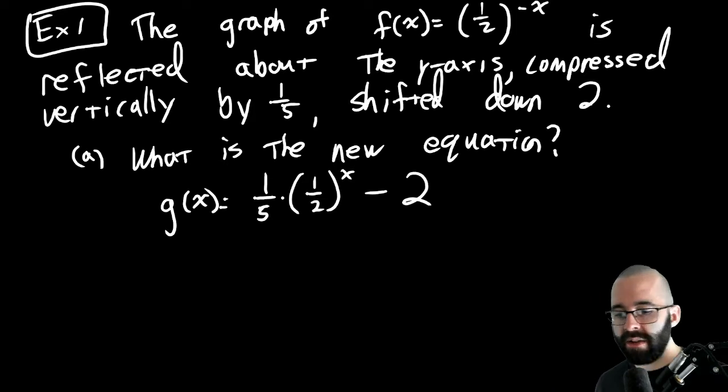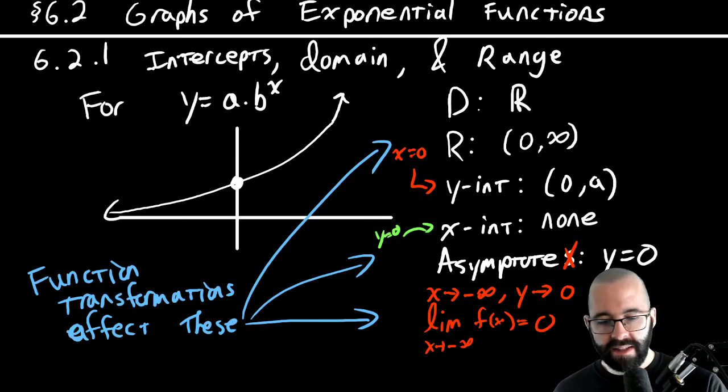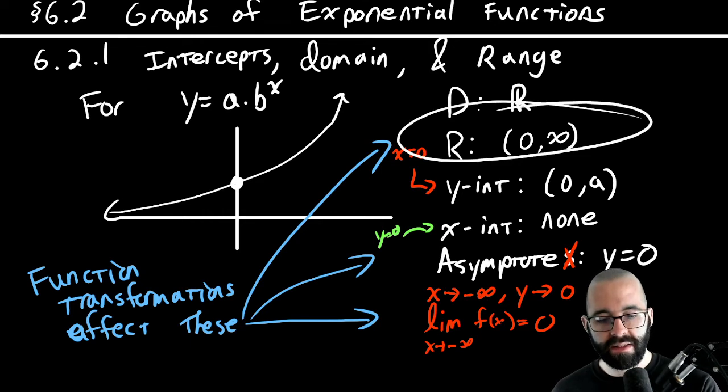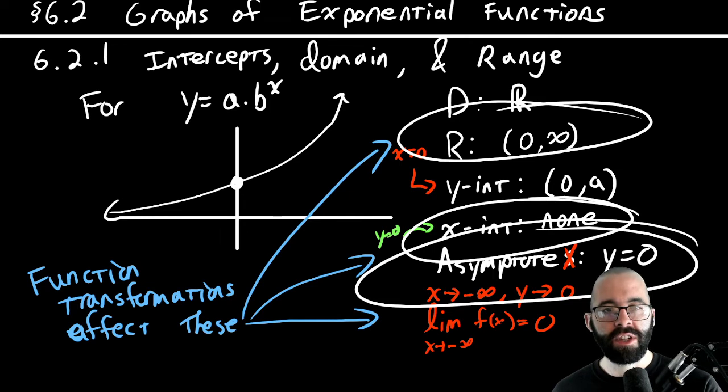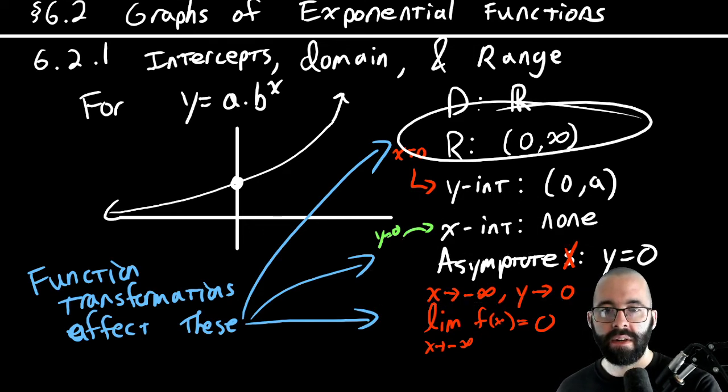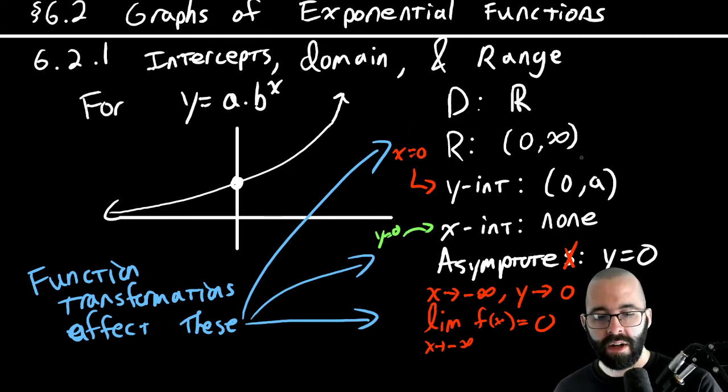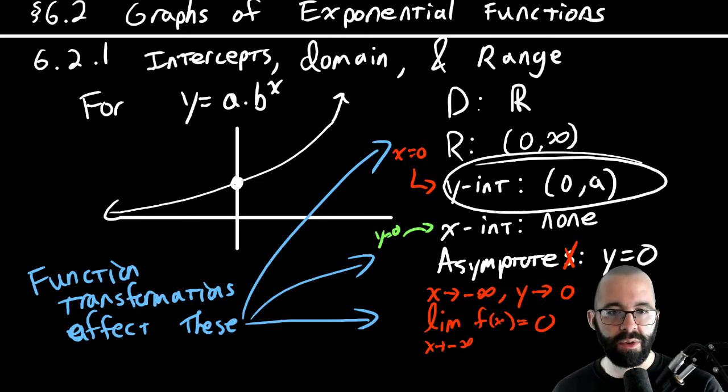So it turns out that all of these things get changed as well. Vertical changes affect y things. So the vertical changes are going to affect these 3. The horizontal changes are going to affect the other 2. Oh, this is also related to a vertical change.